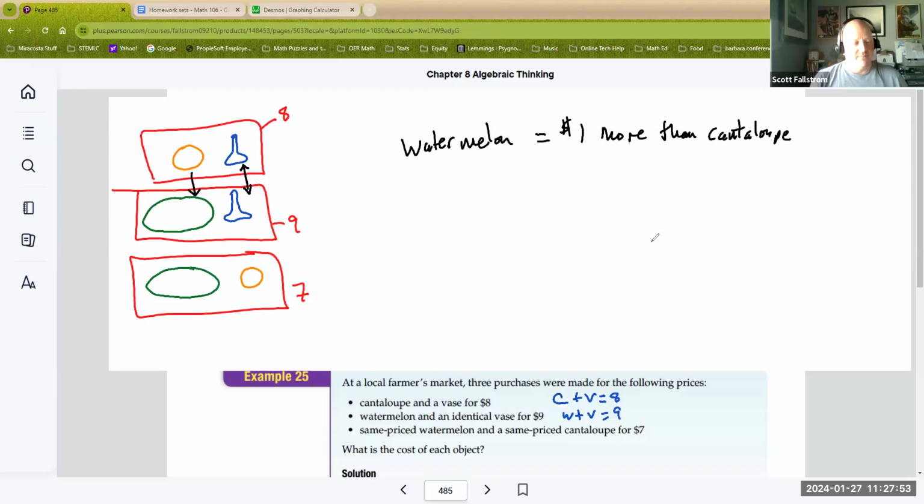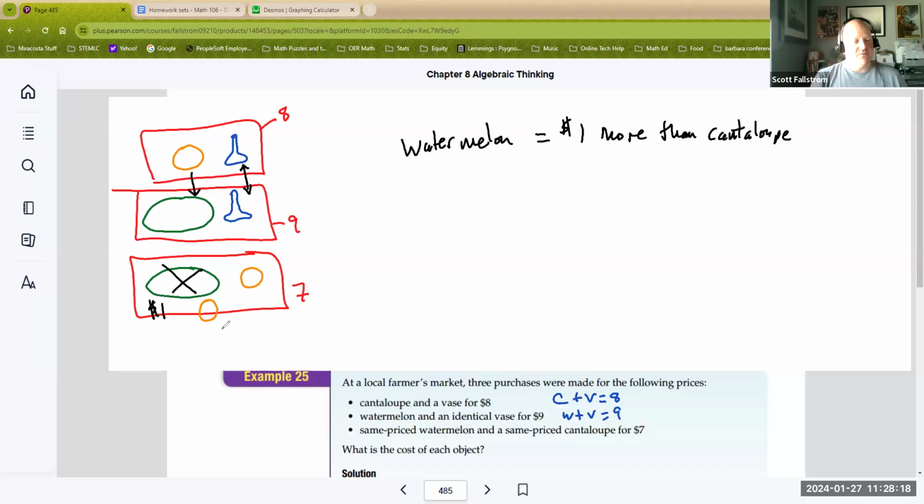Okay, so I'll jot that down. Now looking at this last one down here, remember a watermelon is $1 more than a cantaloupe. So if I traded out the watermelon, I could trade it for a cantaloupe plus $1.